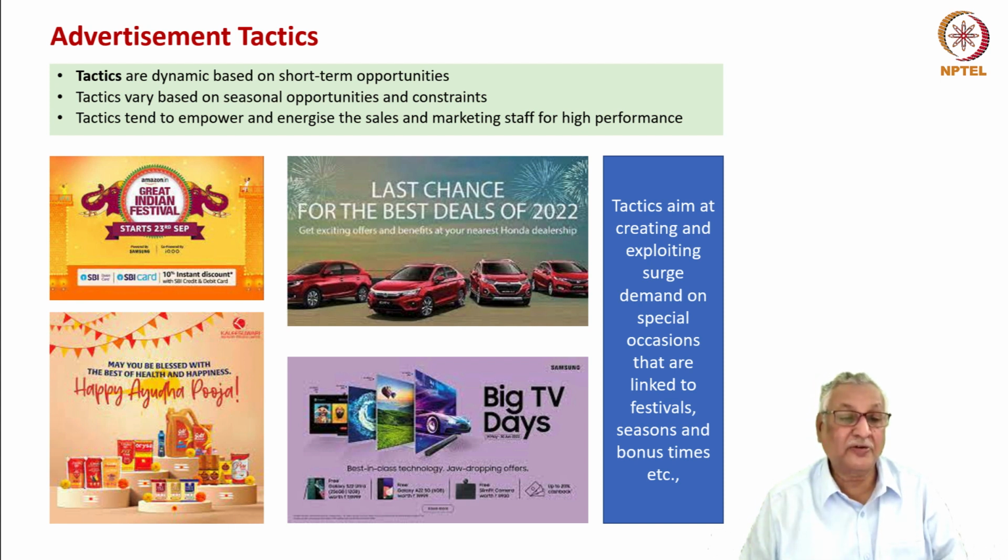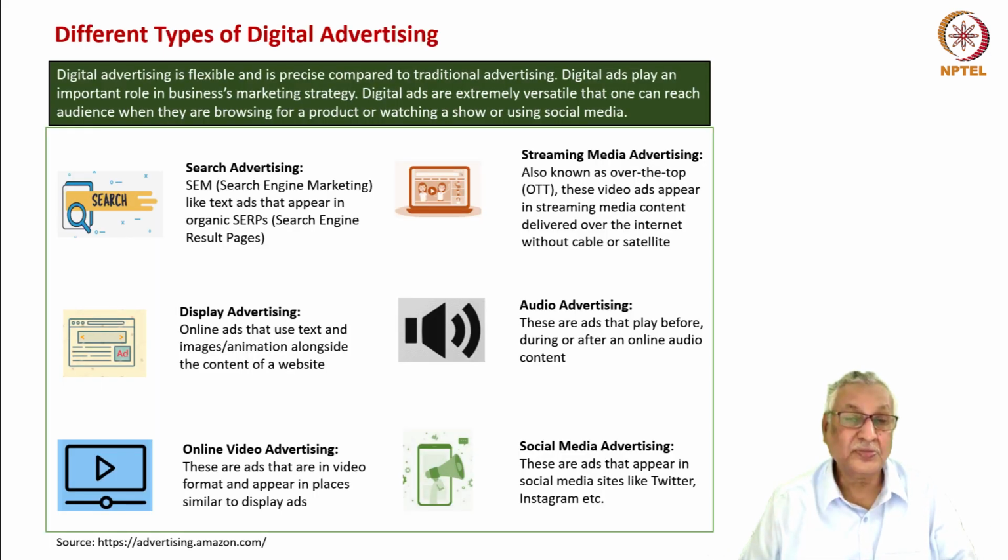Kalishwari, the edible oil refinery, provides its products with festive occasions in an extra manner. Then you have cars which provide benefits in various seasons. Samsung Big TV Days. These tactics aim at creating and exploiting surge demand on special occasions, and these are linked to festival seasons, bonus times, and various other social and economic occasions.